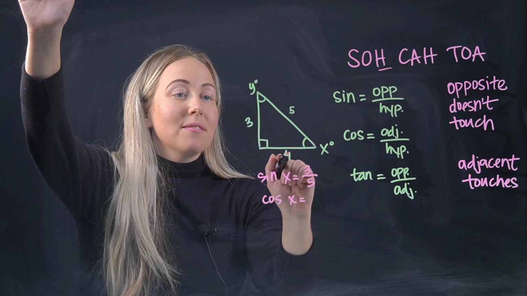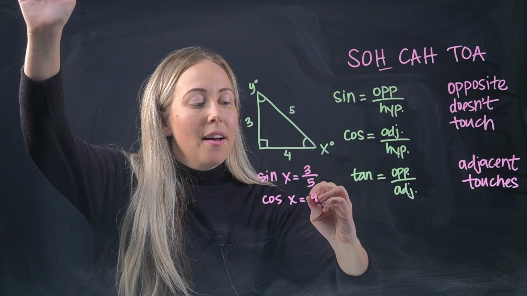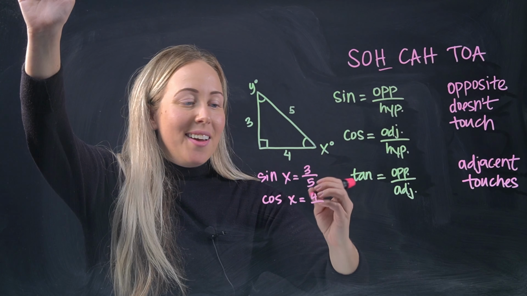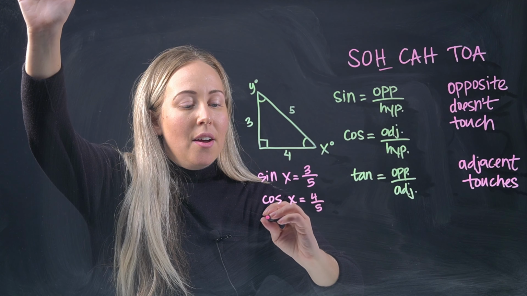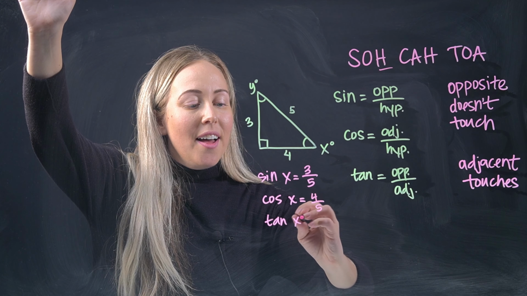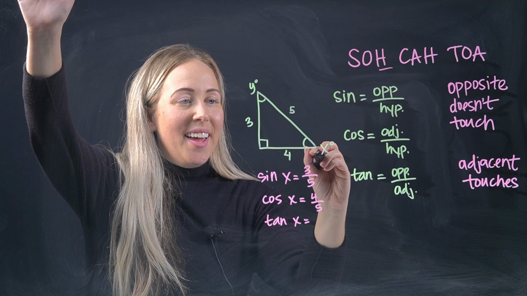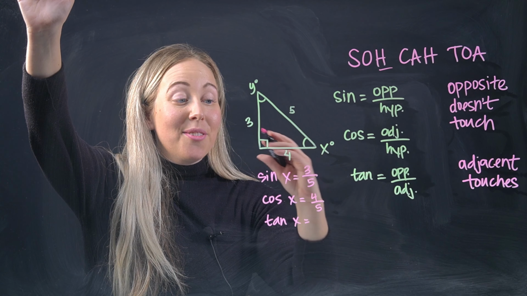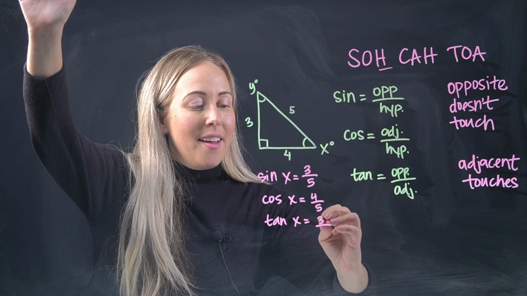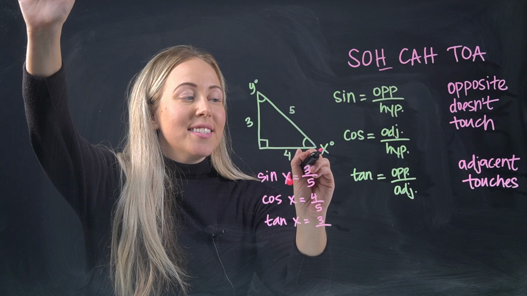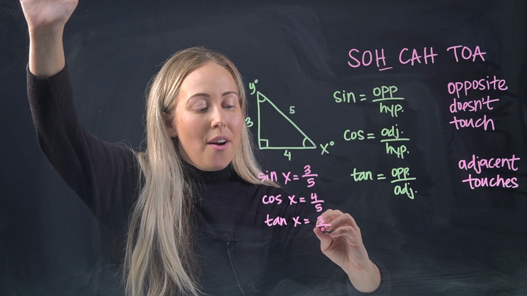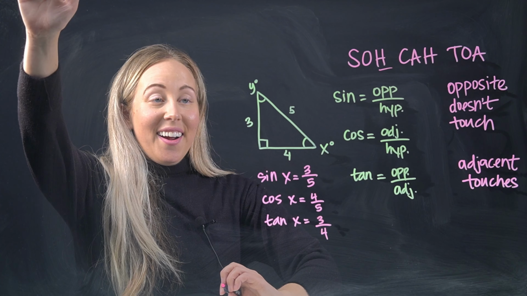Adjacent touches, 4, right? What's the hypotenuse? Again, always 5. What's the tangent of angle X? The opposite side from X is 3, right? And what's the adjacent side from X? 4. Very good.